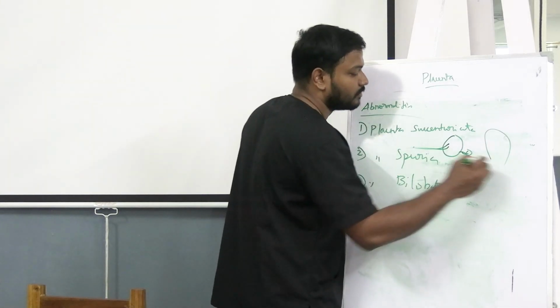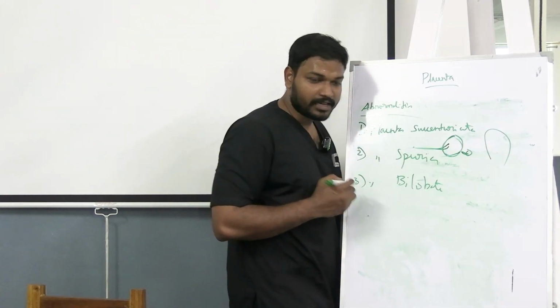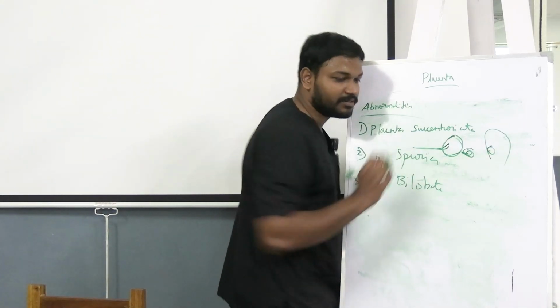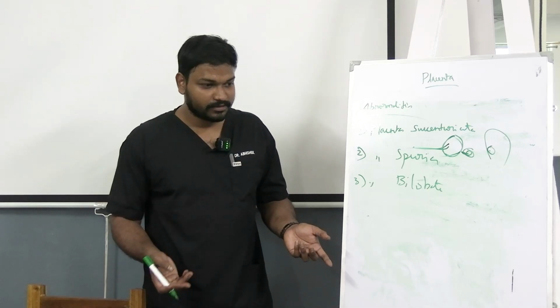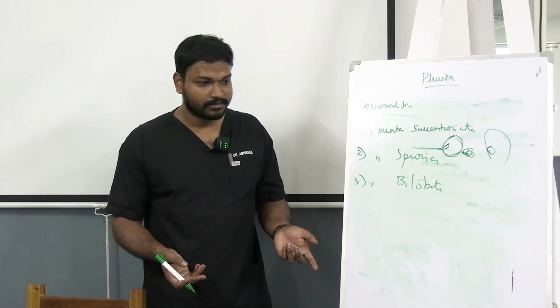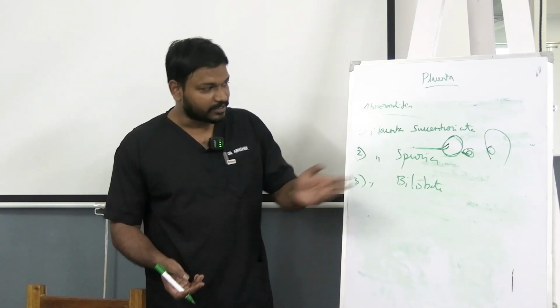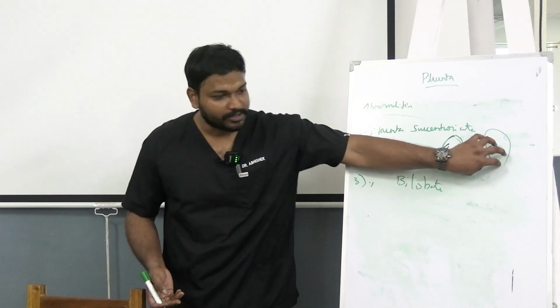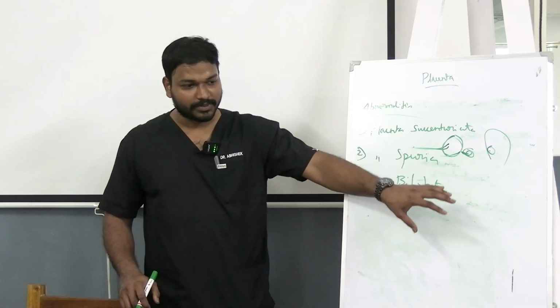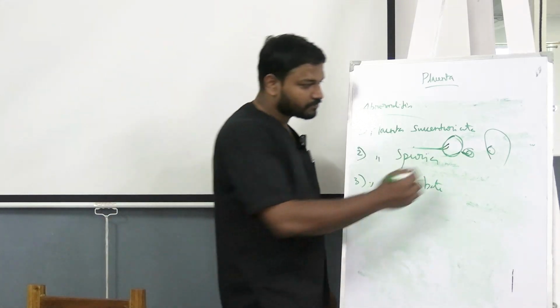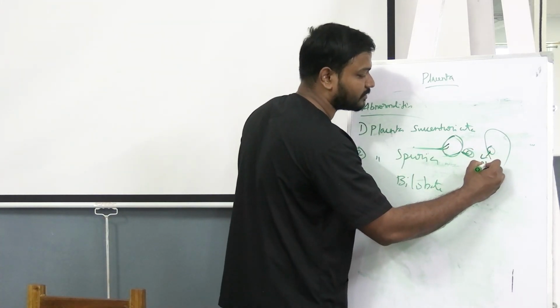This placenta will get delivered and there is a chance that this small bit will remain inside and we will not know that. What will it cause? If a part of the placenta remains inside the uterus, what will happen? There will be bleeding, PPH.